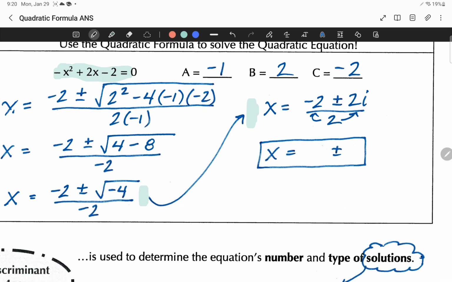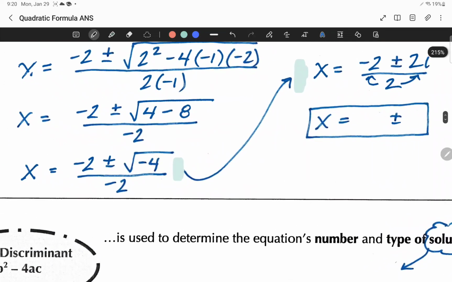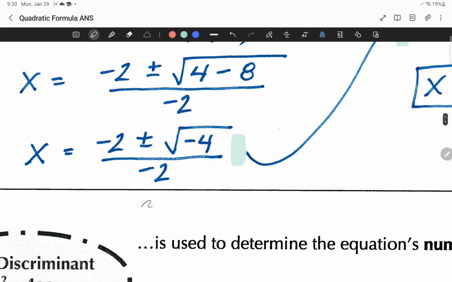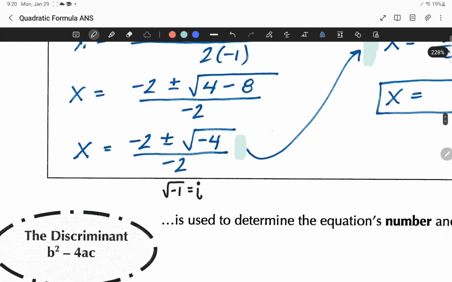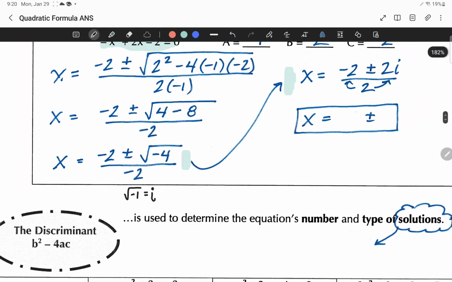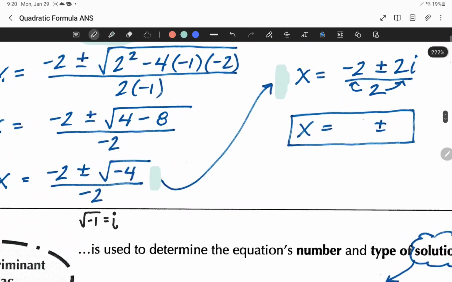Whenever you have a negative inside of a square root, these are the steps that you need to take. First of all, you need to remember that the square root of negative 1 is equal to i. That's one of the properties that we need to remember. We covered this before, but we just need to know that for right now.